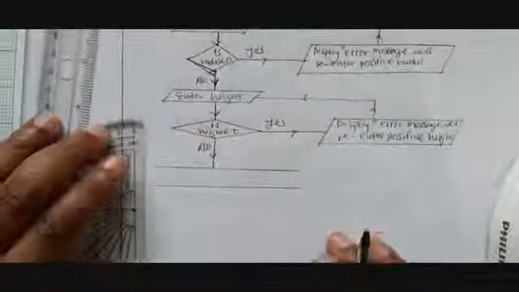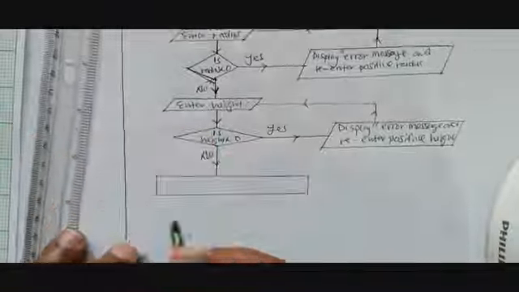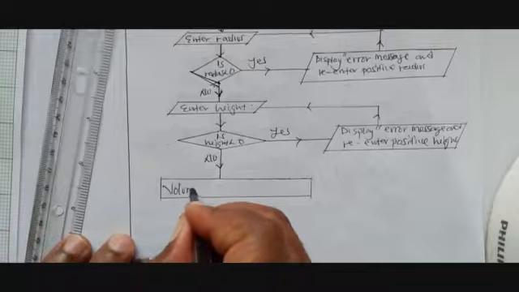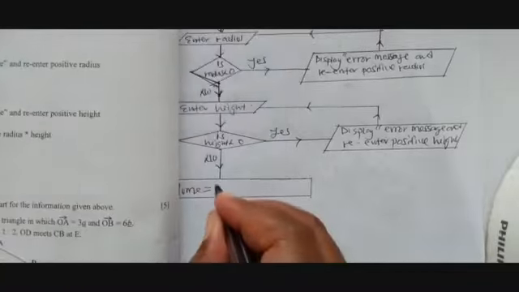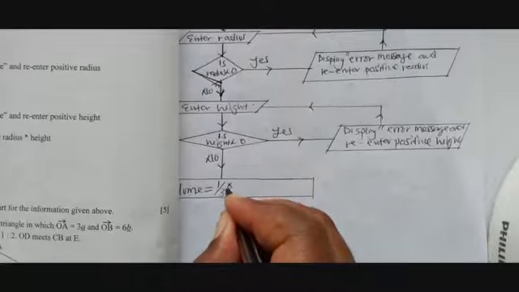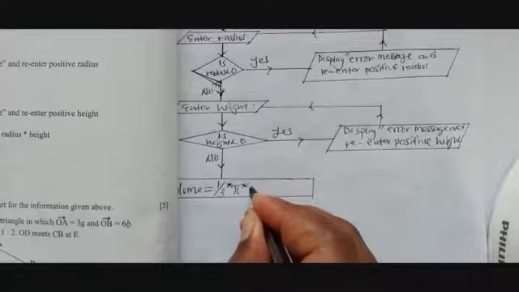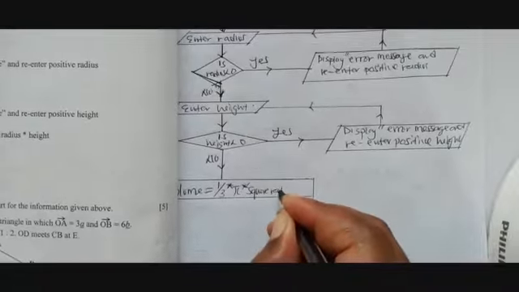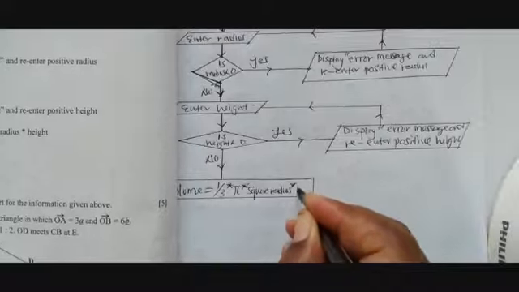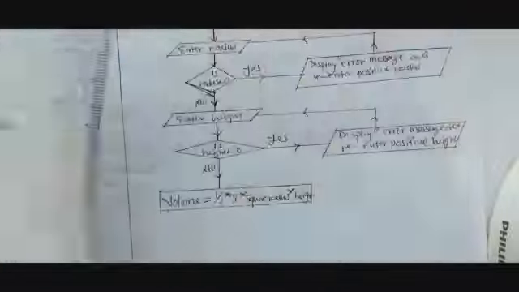We are saying volume is equal to, it has been defined as what? 1/3 times pi times radius squared times height. Then display volume, then stop.